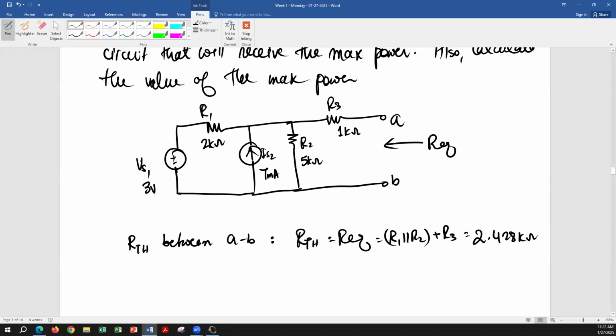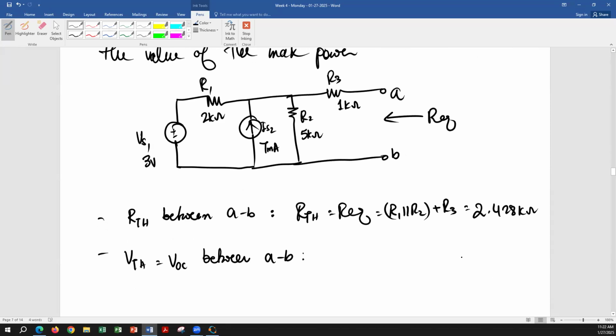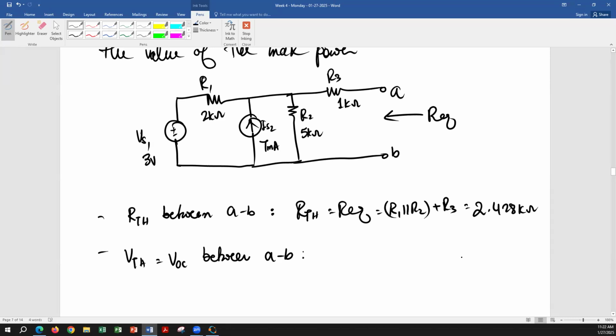And now to find the Thevenin voltage, which is the open circuit voltage between A and B. All right. How are we going to find that? Who's going to tell me? What should we do to find that voltage?